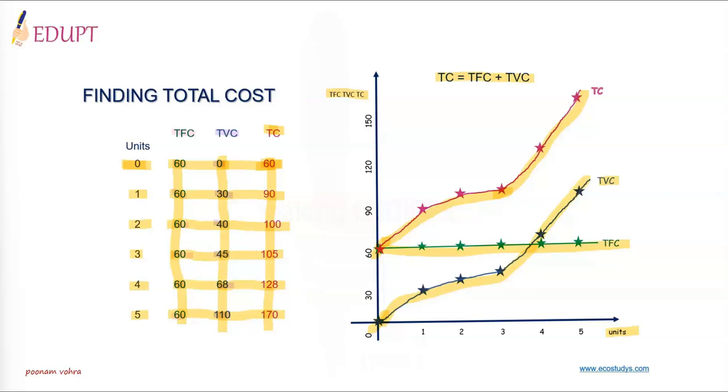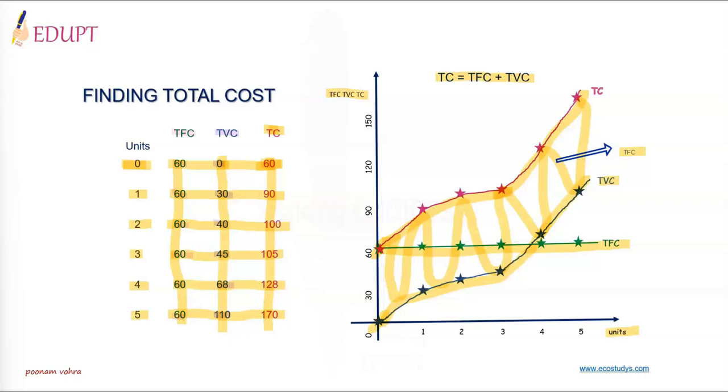That is the reason the difference between total cost and total variable cost is exactly the same. They are parallel to each other because this difference shows total fixed cost.